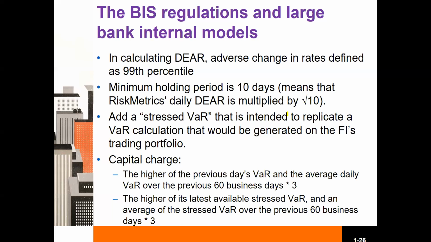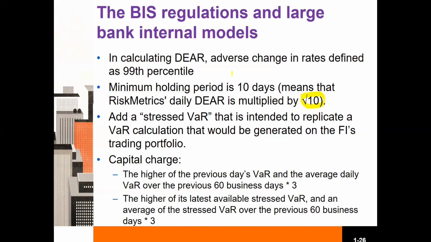We already know this number. Then they assume the minimum holding period to be 10 days. So they calculate daily DER, then 10-day DER. When we have a daily DER and want a 10-day DER, the daily DER should be multiplied by the square root of 10.